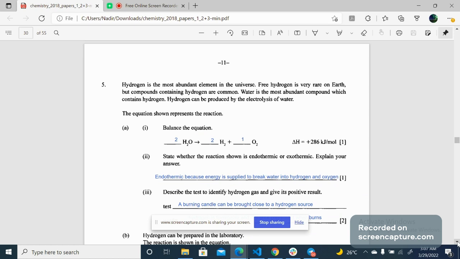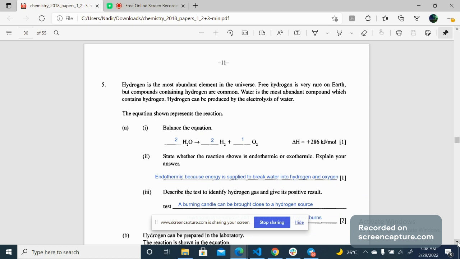All right. So hydrogen can be produced with electricity and water. Free hydrogen is rare, but we have this abundance of water, and if we electrolyze the water, we can separate it into hydrogen and oxygen, and this way we are able to obtain free hydrogen, because free hydrogen does not occur in nature.